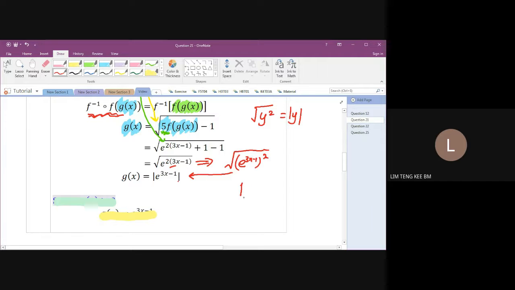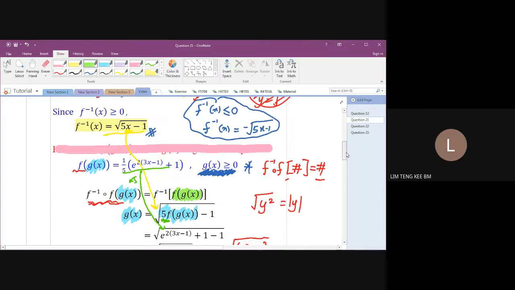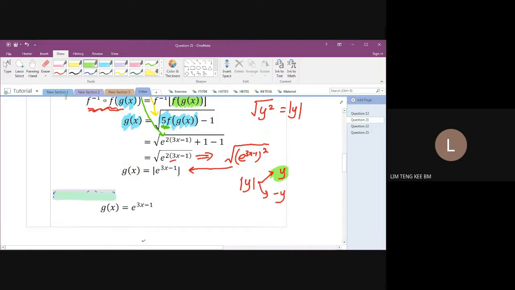In the world of modulus, we have two possible answers: one is positive y, the other is negative y. In this case, we choose the positive exponent, which means I choose the positive y. The reason is, back to the condition here, my gx must be greater or equal to 0. In order to have that, this is the answer I should have.